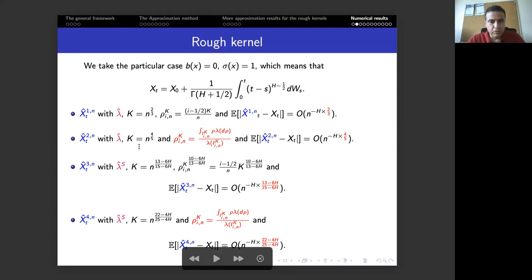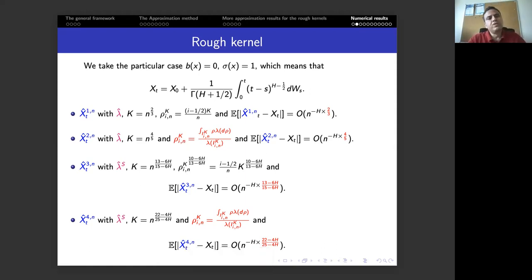And of course, we have to change our truncation constant, since the optimization will change. So those are the two schemes, both based on Riemann approximation. We only change the choice of the weights in our sum of Dirac weights.